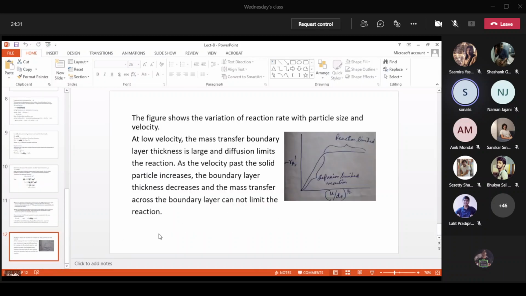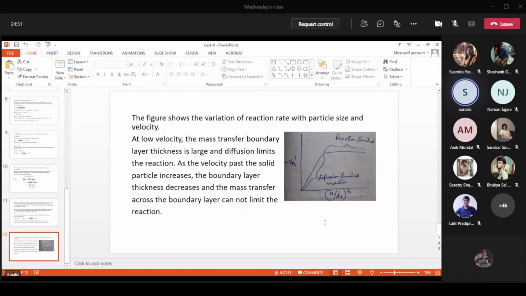Now, look at this figure. The figure shows the variation of the reaction rate with particle size and velocity. This y-axis is the reaction rate on the surface, and the x-axis is U by dP to the power half.